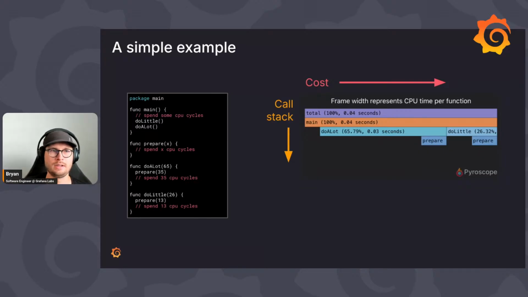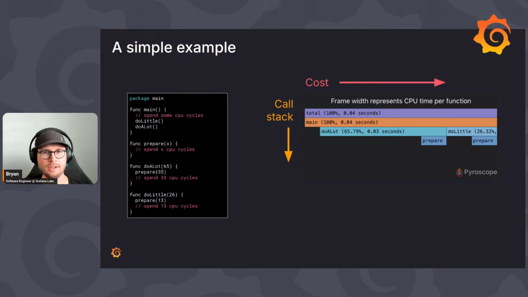And you can see them represented in this flame graph on the right, where our main function consumes the entire portion of the total profile, and it calls this do a lot function and also this do little function. And you can see again that time does not go left to right, where technically do little is called first in the code, but it shows up second in the flame graph. So just to reiterate, it's cost left to right, not time.